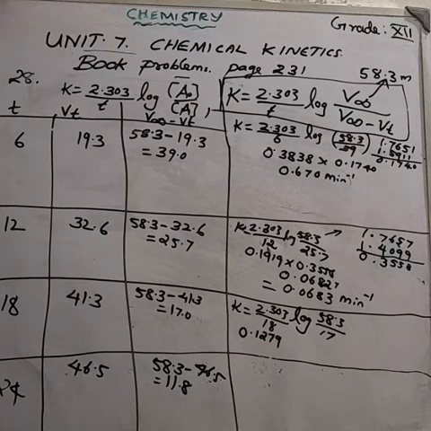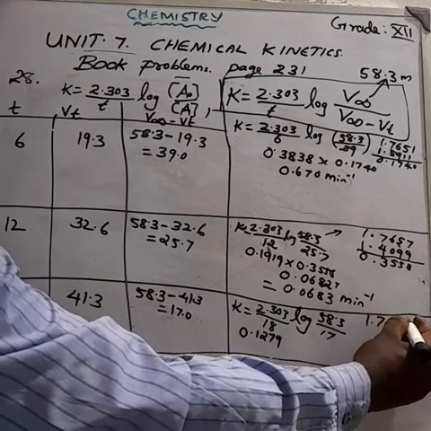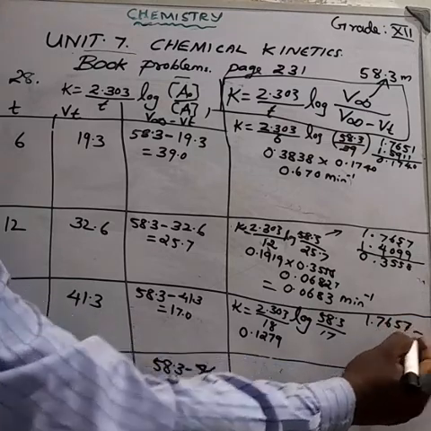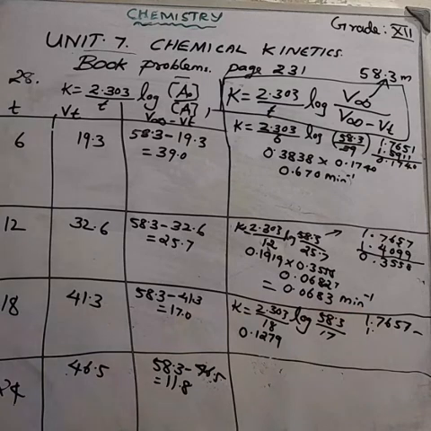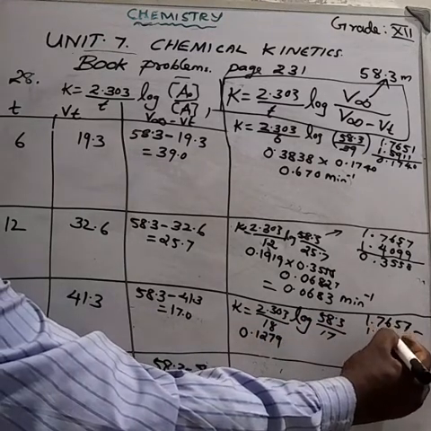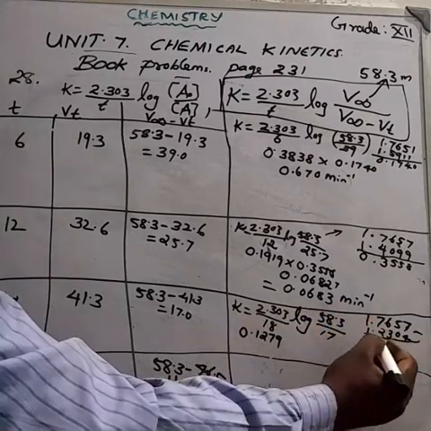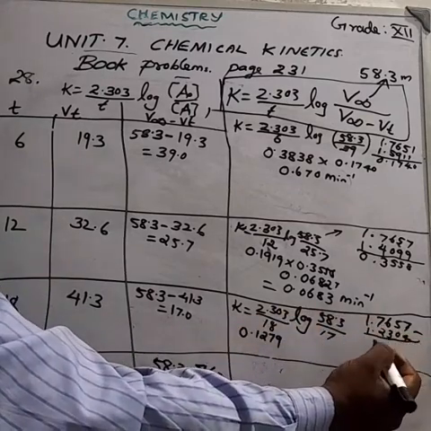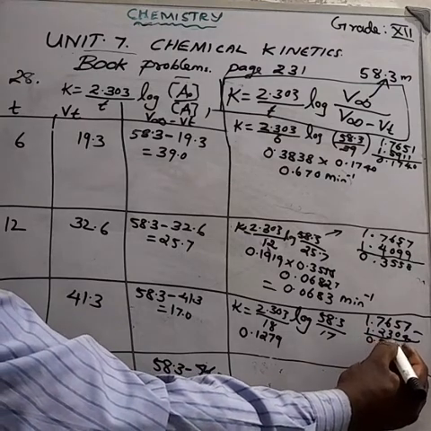And I am taking the log of 58.3, already we did that one, that is 1.7657, minus log 17. Log 17 is 1.2304. Subtracting, 1.7657 minus 1.2304 is equal to 0.5353.